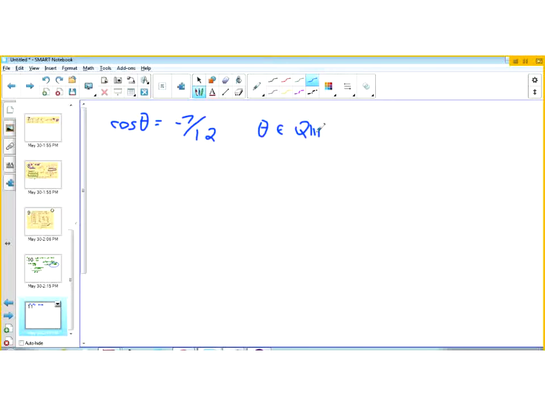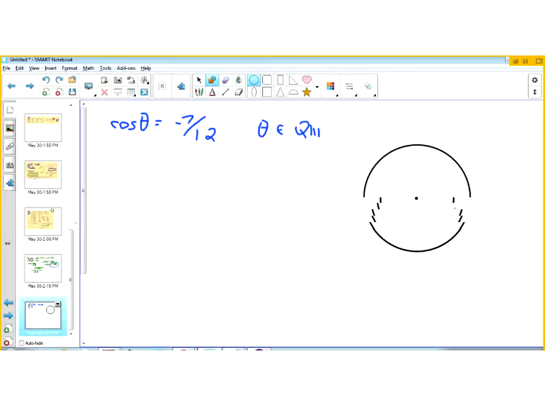Okay, so what I want to find then is the value of theta. Okay, so what is theta? Okay, in quadrant 3. All right, so what we can do is something like this.